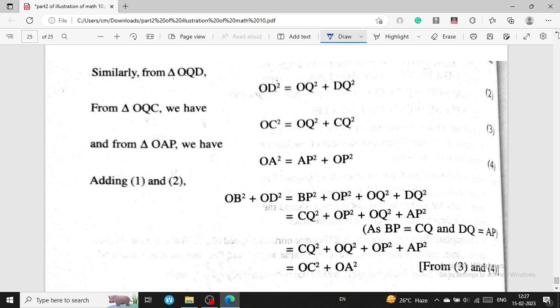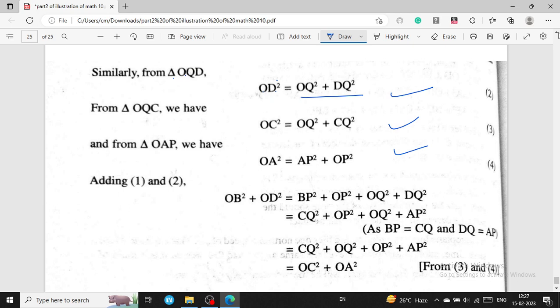We have to make equations for all triangles according to the Pythagoras theorem, and first add the first 2 equations. OB square plus OD square is equal to BP square plus OP square plus OQ square plus DQ square.